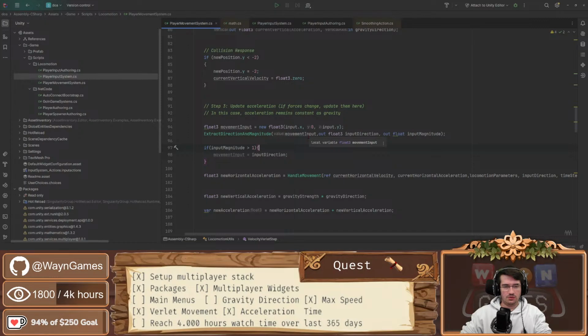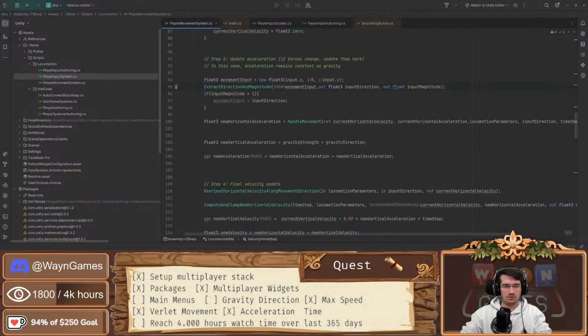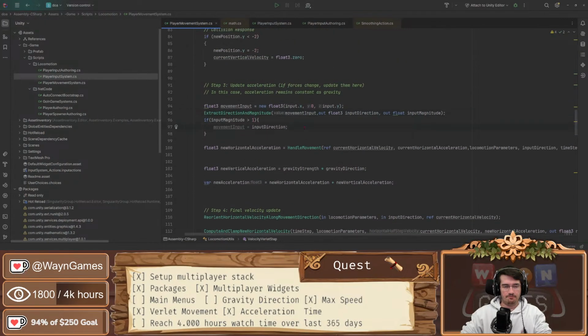So I extract that. Don't I have another method to do clamping? No. Not used, so I need to use it here.